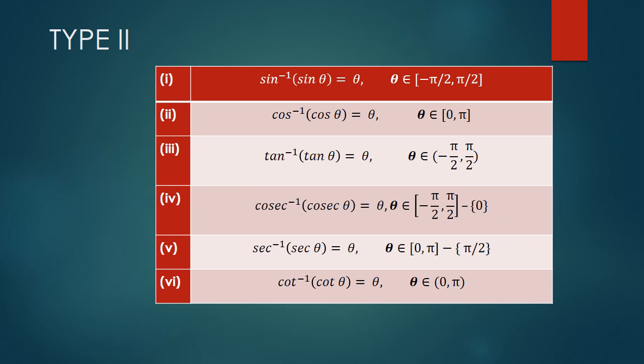Similarly, for all the other inverse trigonometric ratios, the same concept will be applicable, like cos inverse of cos theta will be equal to theta, tan inverse of tan theta will be equal to theta, cosec inverse of cosec theta will be equal to theta, sec inverse of sec theta will be equal to theta, cot inverse of cot theta will also be equal to theta.